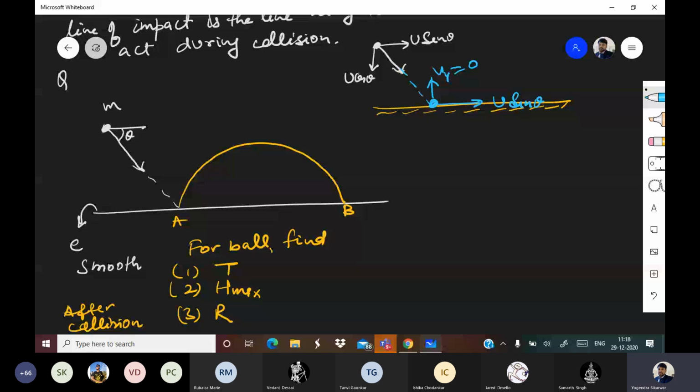I think it is called beamer, if my memory related to cricket is working well. No, that is different. That is full toss.